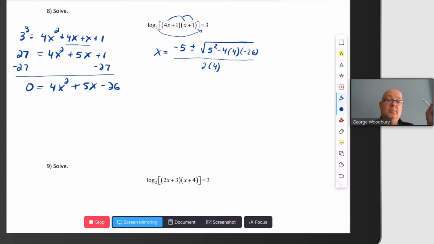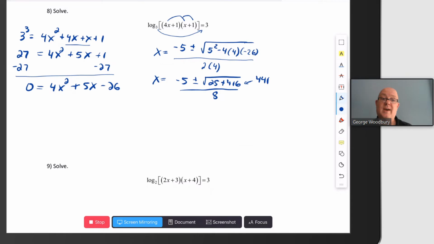And if you multiply that out, you're going to get 416. So we've got negative 5 plus or minus the square root of 25 plus 416, all divided by 8. 25 plus 416, that's 441.